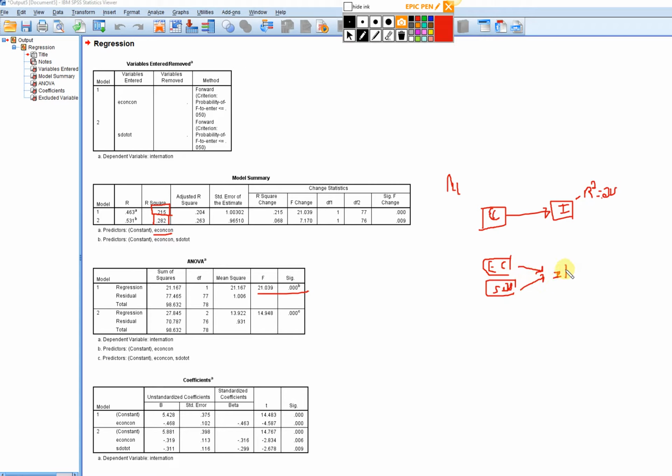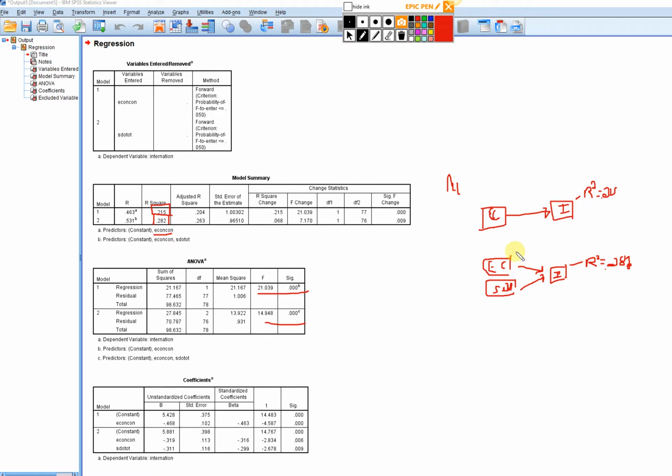In this case, the R-squared value is 0.282, and we see that that model was statistically significant. So for model 1, the R-squared value was significant, and for model 2, R-squared was significant.